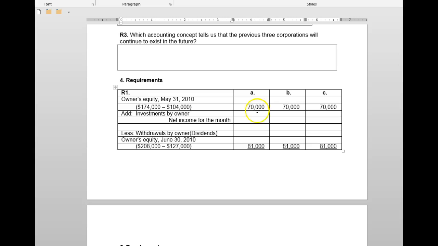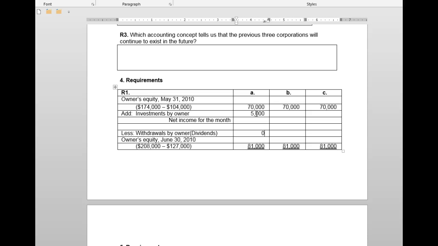So let's see what happened here. They give us a scenario and they said, well, they sold $5,000 worth of stock. So they added $5,000. Okay. And there's no withdrawals or dividends. Now, how do I get from $75,000 to 81,000? Well, I'm going to add these 2 together, right?